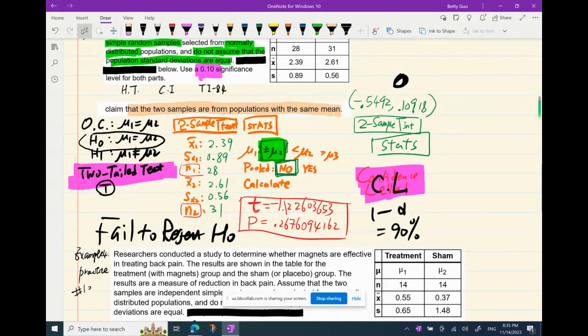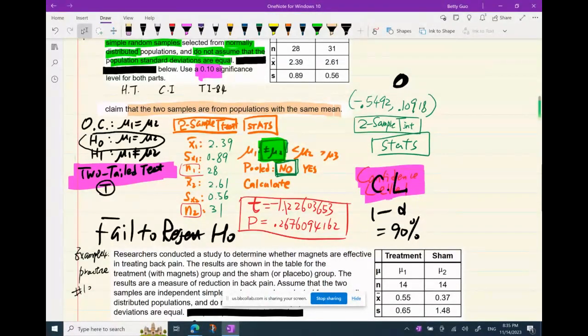We do not have sufficient evidence to warrant the rejection of the null. So look at the table, the four conclusions. If you fail to reject null, then you fail to reject the original claim, right?